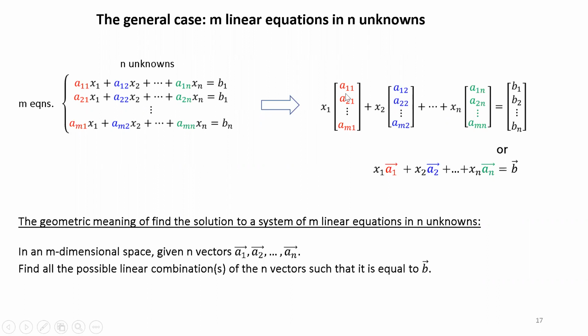In this m-dimensional space, I have n column vectors. Solving this set of equations means that I want to find all the possible linear combinations x1, x2 until xn, such that this whole thing equals B.